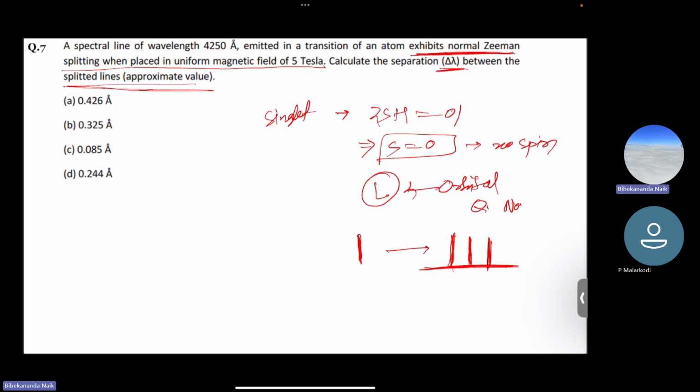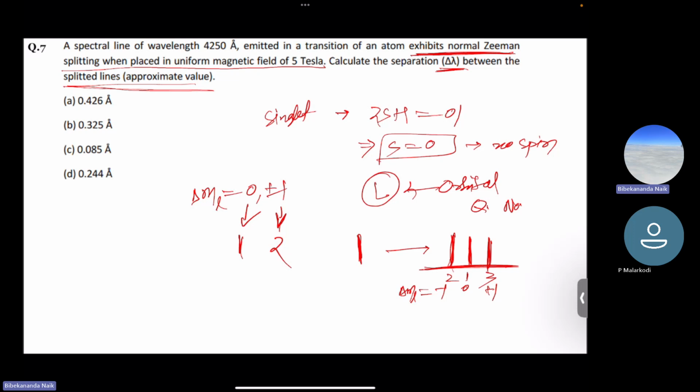Due to this interaction there is splitting in the energy levels, and since only L has significance, the selection rule says delta m_l will be 0 or plus minus 1. So one component corresponds to 0 and the other two components correspond to plus 1 and minus 1. So there are three components: this is delta m equal to 0, this is delta m minus 1, this is delta m plus 1.